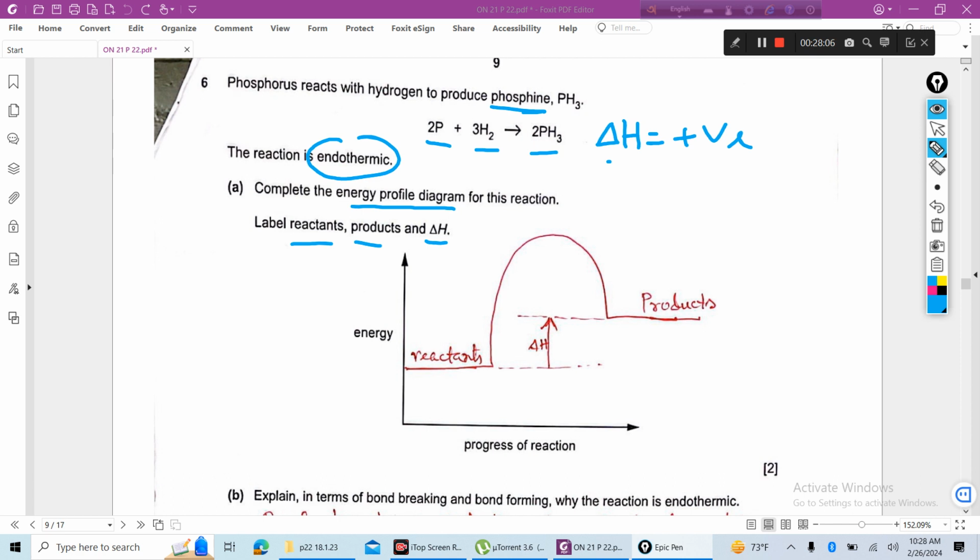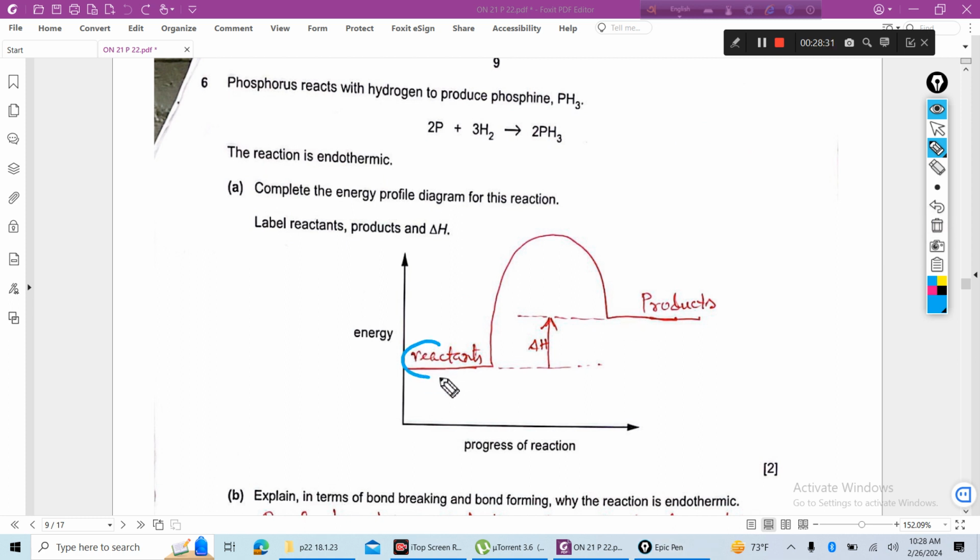So this is the diagram. Endothermic as the product has more energy, the reactant has less energy. The reactant has less energy, but the product has up to this energy. That's why this is an endothermic reaction. Reactants below, products above.